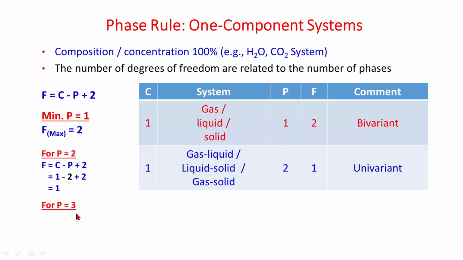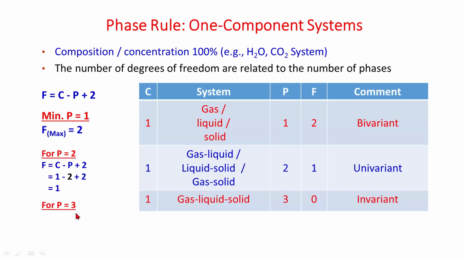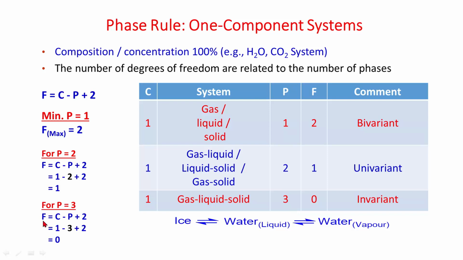For P is equal to 3, that is three phases in equilibrium. This is the case when ice is in equilibrium with water and water vapor. When we apply phase rule equation, we get F is equal to 0.